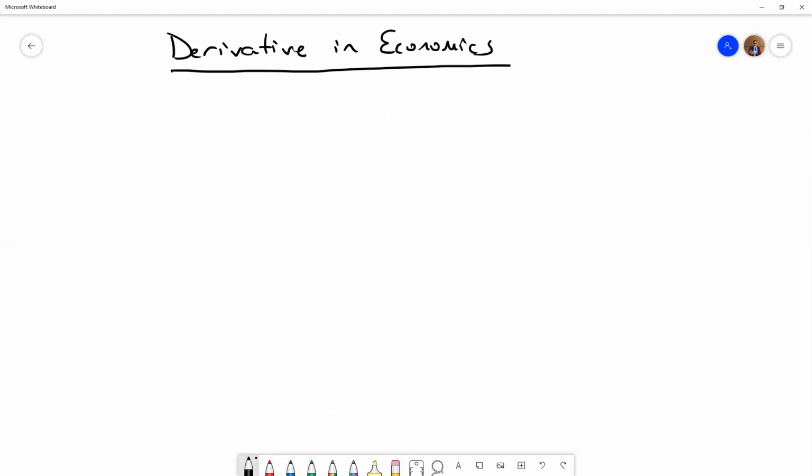In economics, we have to know some definitions of things, so we can write about these things. Total cost is the costs for producing all products.